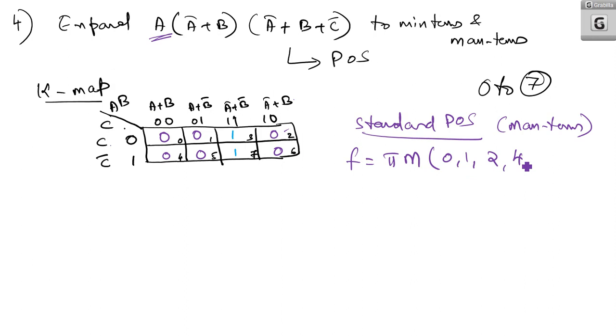Okay, that is the max term expression, that is pi M 0, 1, 2, 4, 5 and 6.